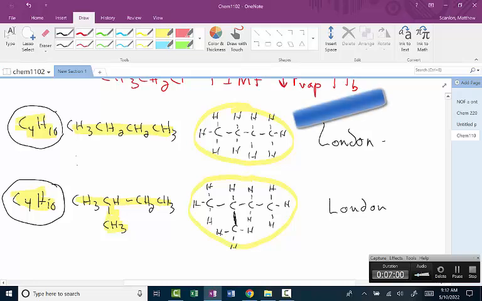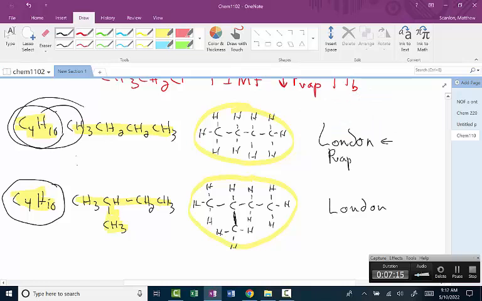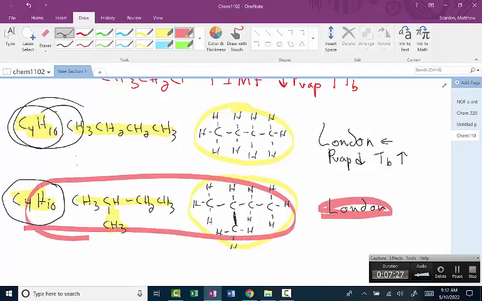This one will have the greater intermolecular forces because it's linear. It does not branch. So this one here will have the lower vapor pressure. P vape is low, and T boiling is going to be higher than the compound down here. This compound is going to have a higher vapor pressure. P vape is high, so the boiling temperature is low.